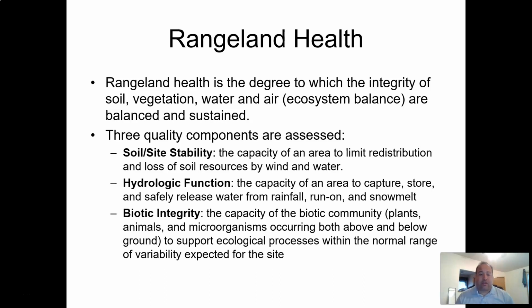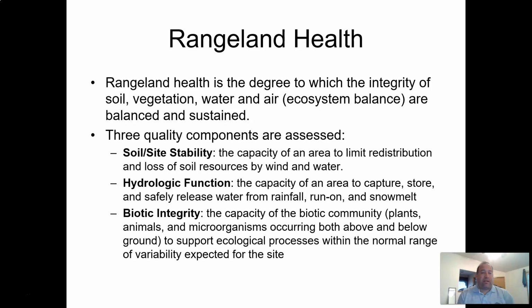And those three areas are soil site stability, where we're thinking about the capacity of the area and how the soil is functioning, and is it okay, and are we suffering from erosion of the soils. We're going to look at the hydrologic function.